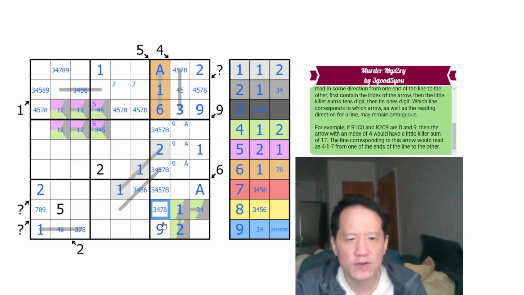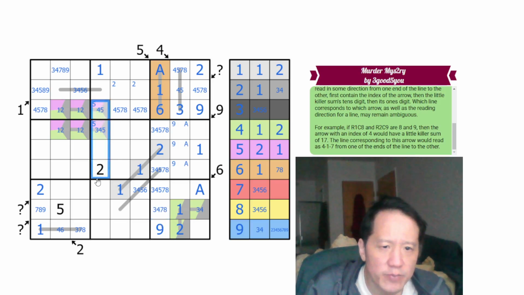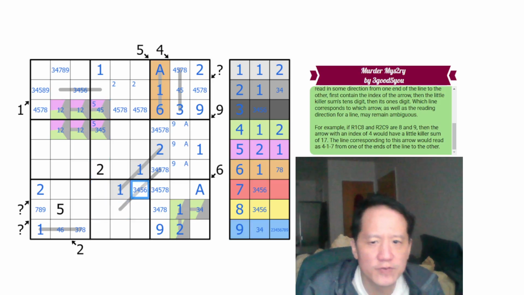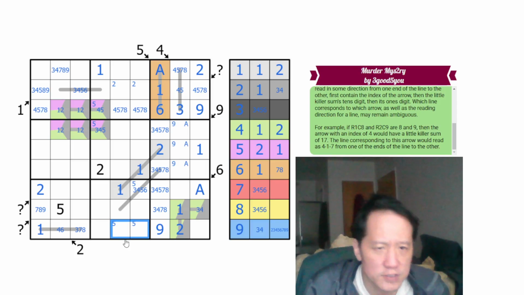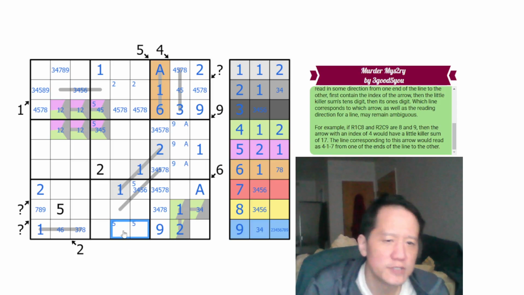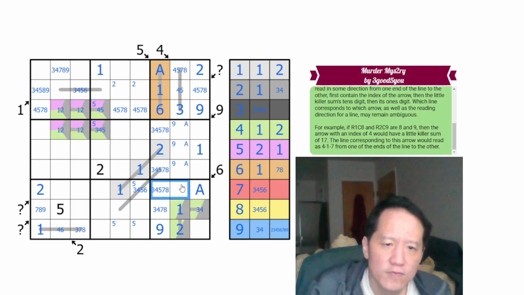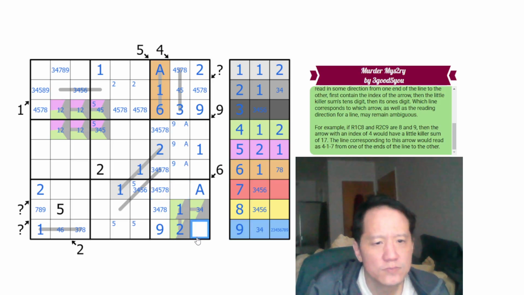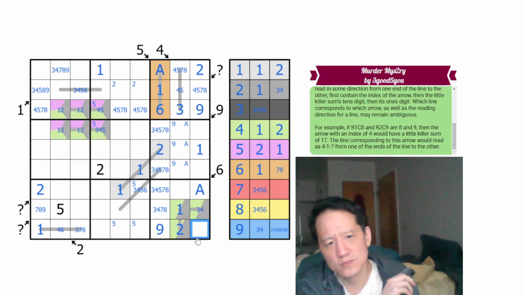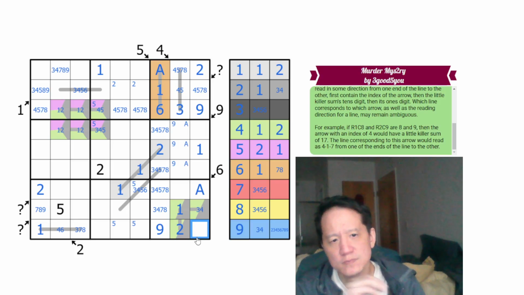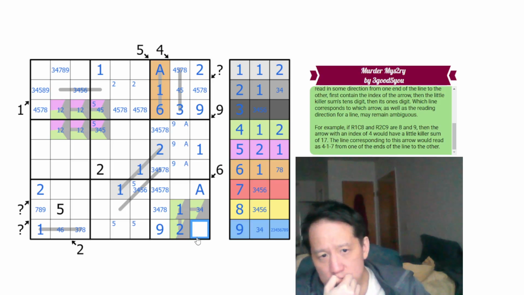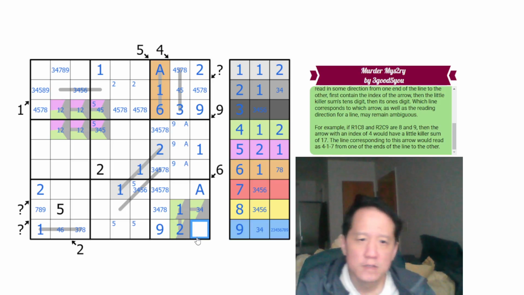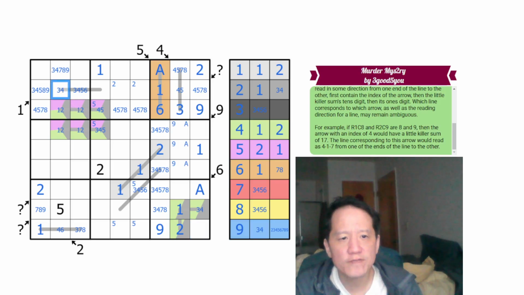Well, this can't be 5. 5 cannot be here or here, so 5 is one of these 3 digits. 3 cells, sorry. 5 is also one of these 3 cells. This is 3, 4, no 5, 6, 7, 8, 9.